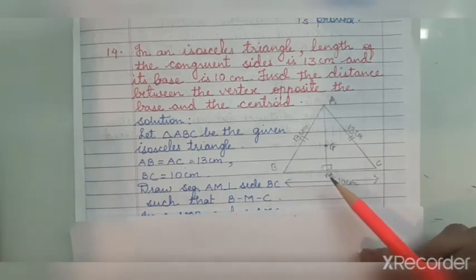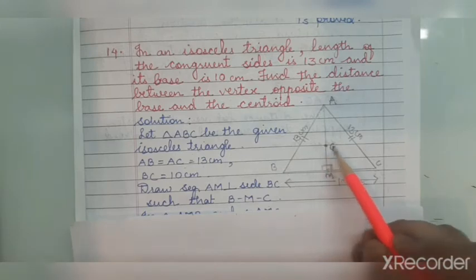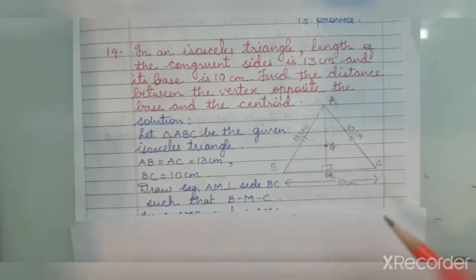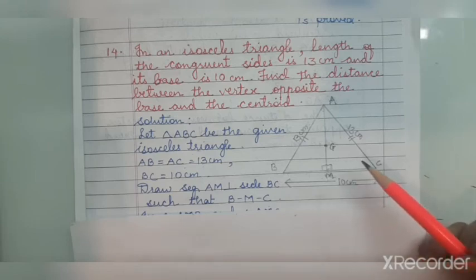So before that, we will prove these two particular triangles congruent. They are both right angle triangles, and there is a test for right angle triangles in congruency, and that is the hypotenuse side theorem.